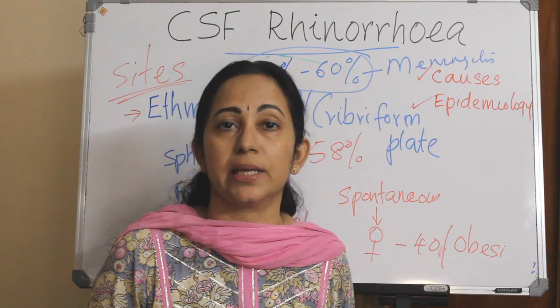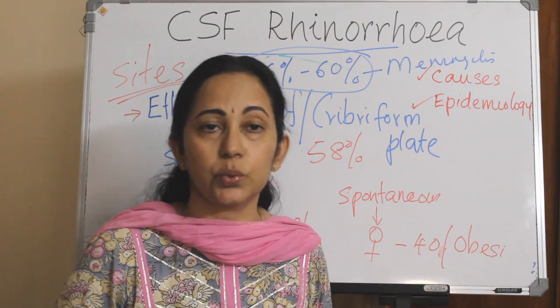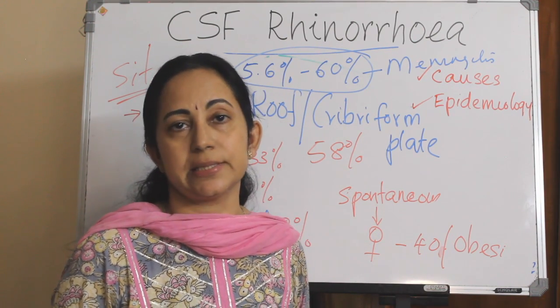So how will you manage a case of CSF leak? The first thing is a proper diagnosis, because there are so many differential diagnoses which can mimic a CSF leak.